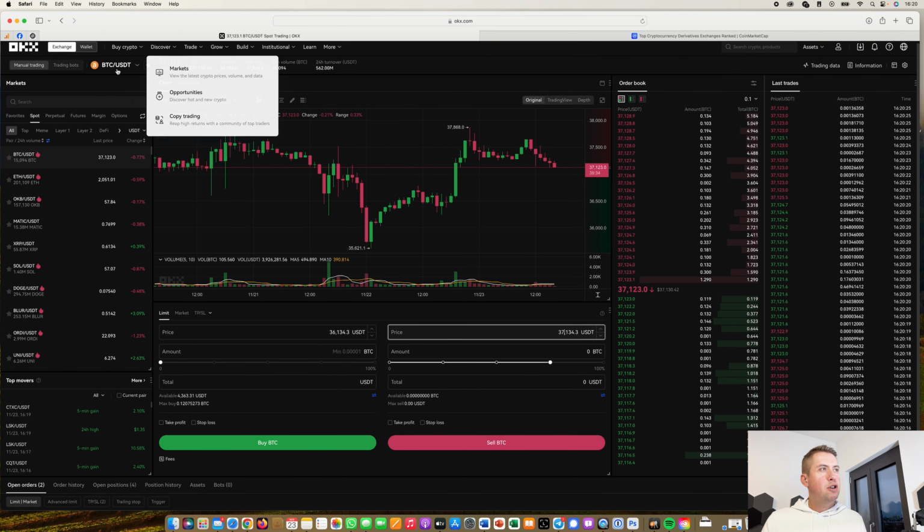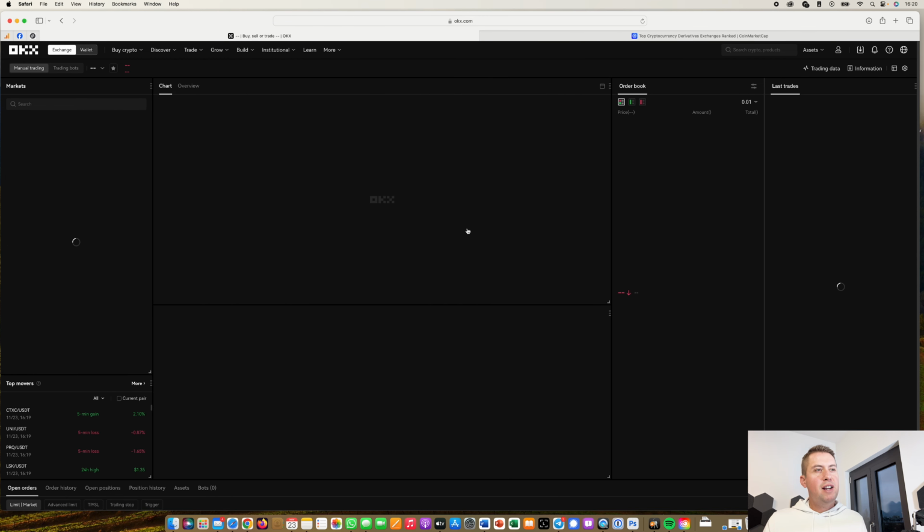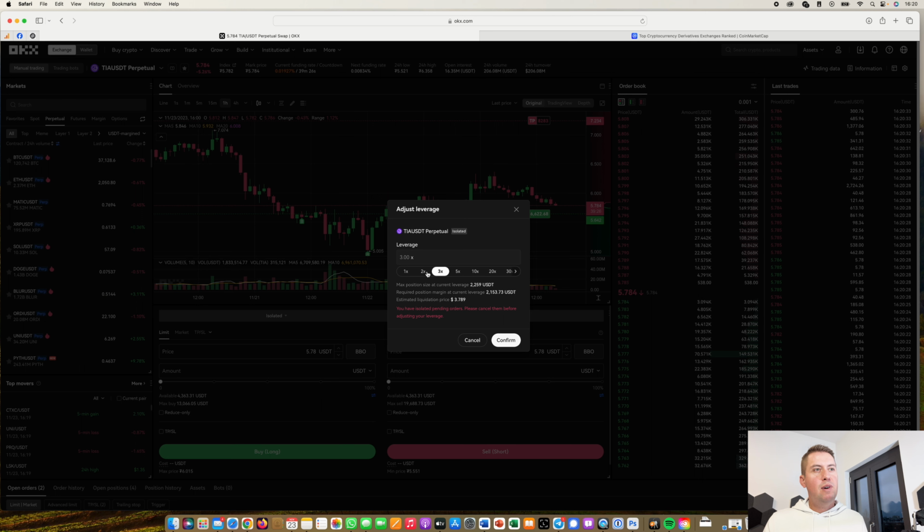And that's spot trading. Futures trading is a bit more complicated, and you can select your leverage here. I wouldn't recommend using a higher leverage than 3. However, for some cryptocurrency pairs, you can use up to 100x leverage. Here for TIA, for example, you can use 50x leverage. What that basically means is, let's say you use 10x leverage.